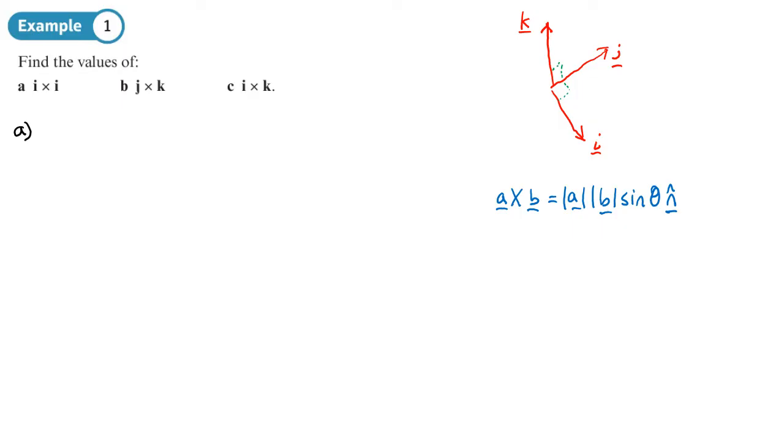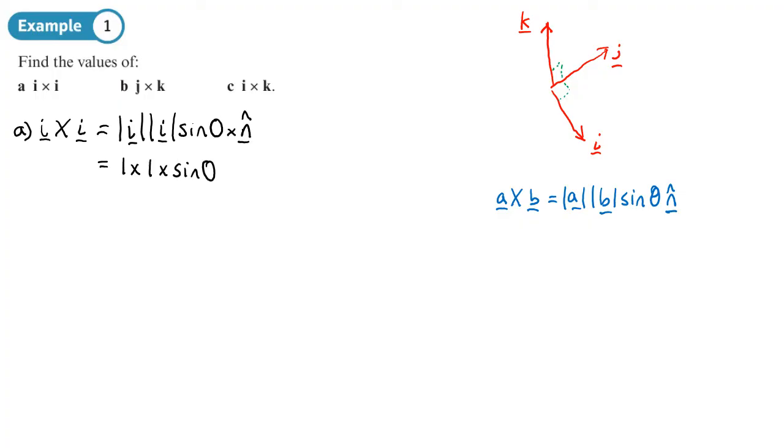Right, so I cross I. Using the formula, what's that going to be? It's the length of I times the length of I, like our A and B, times the sine of the angle between them. These two are parallel to each other, so there is no angle between them, sine 0, times a vector which is perpendicular to both, this normal vector. Now, the length of I is 1.